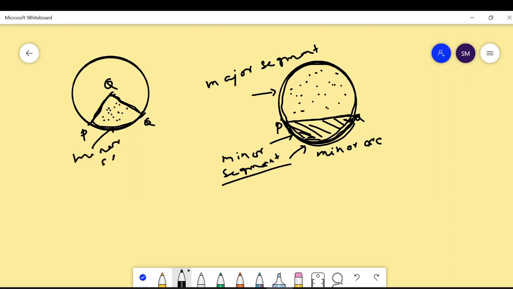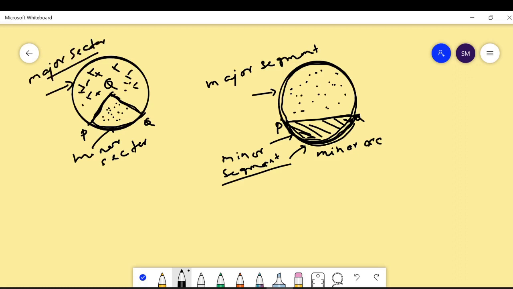This is the minor sector, and this portion is called the major sector.